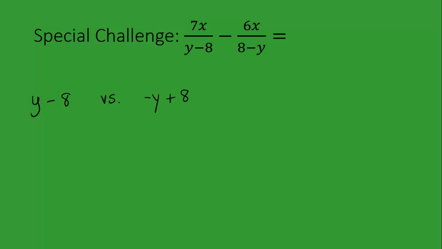Now look at these two and ask yourself, is there anything that I could multiply here to change it into this? And there is. You could multiply this by negative 1. That would make negative y plus 8, right? Because really, these two terms are both opposites of these two terms. So if you multiply it by -1, they'll both change to their opposites.